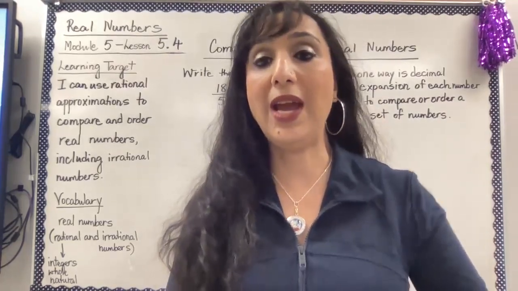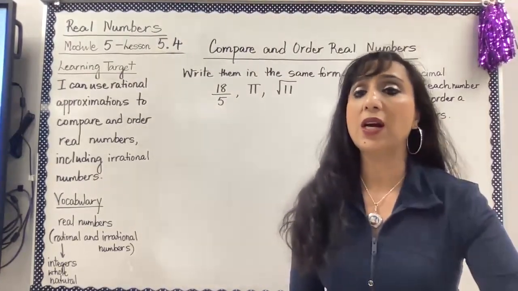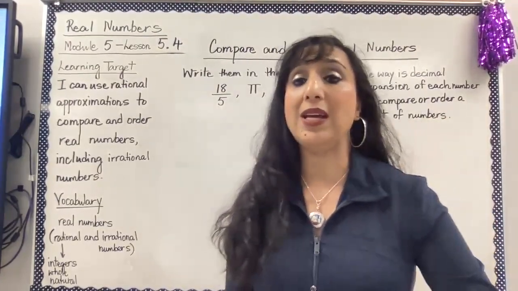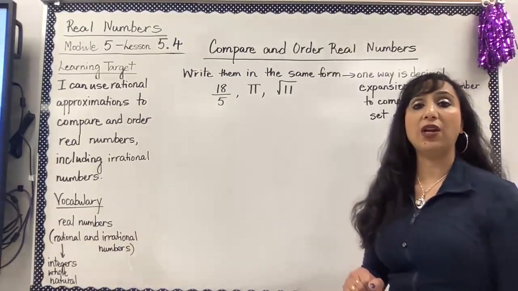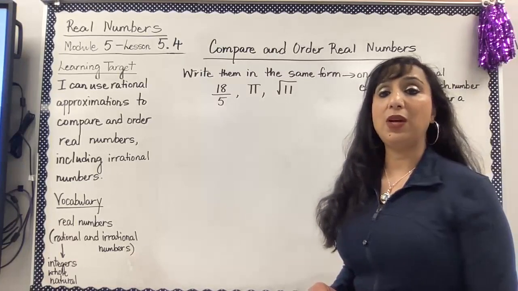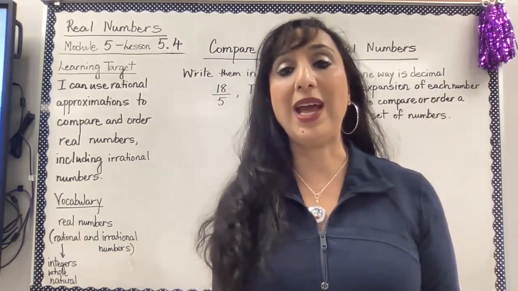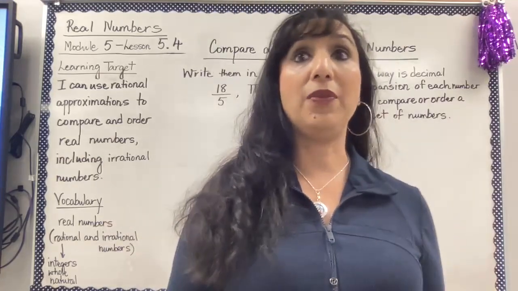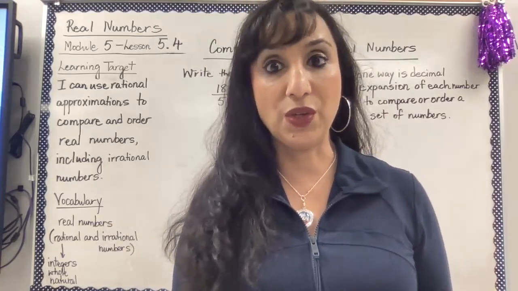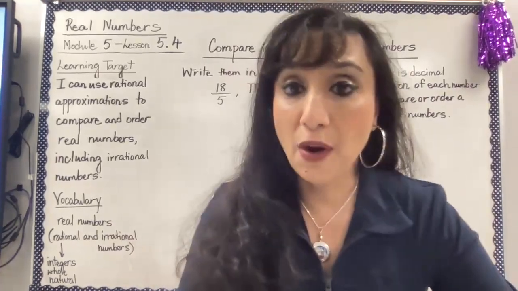So today we are going to compare and order real numbers. You can see I've written some numbers over here. These are all real numbers. Whenever we are comparing and ordering numbers, like we have done in the past, you are supposed to always put them in the same format.